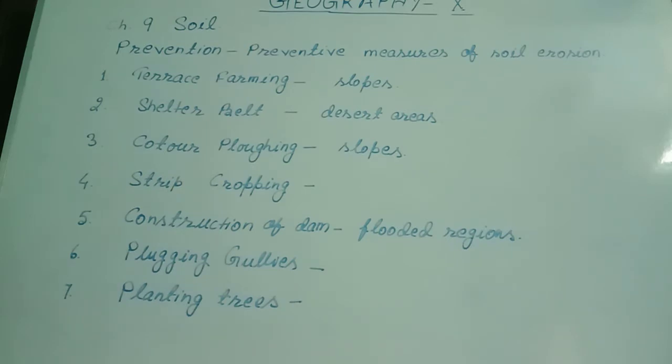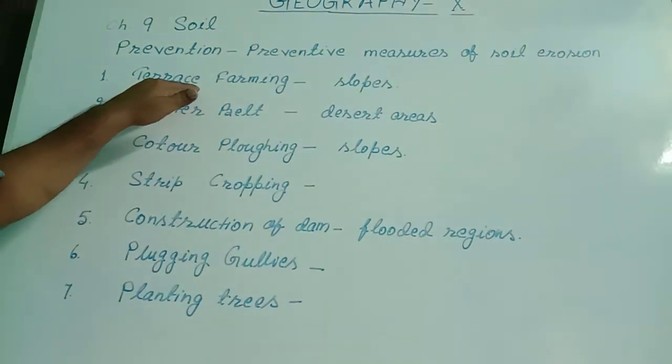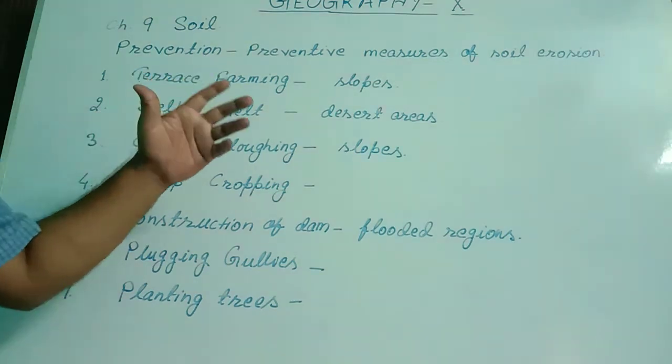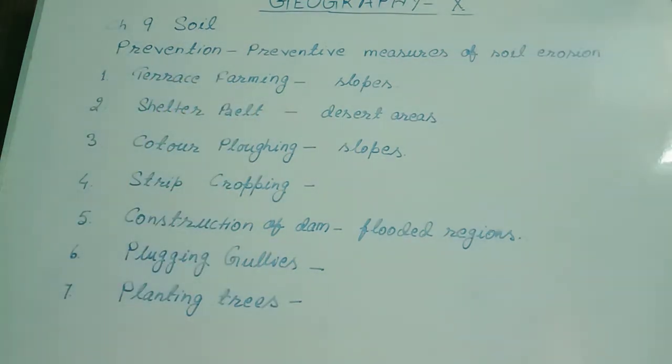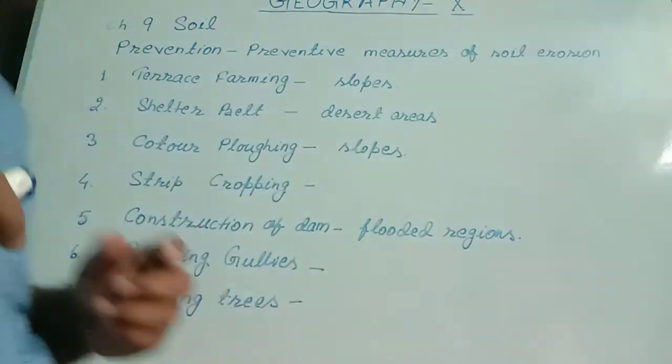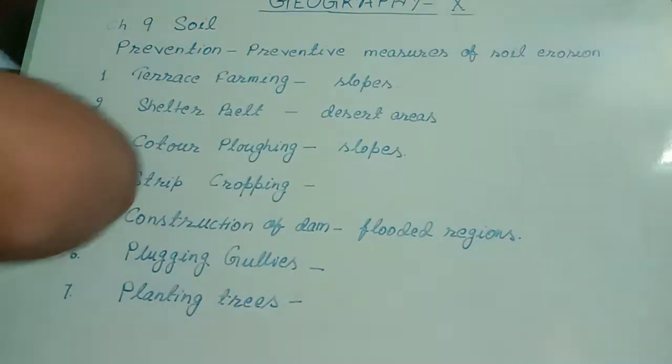This type of farming is practiced on the hilly slope or any other kind of slope. The main thing is the terraces are made on the slope by cutting the soil to reduce the slantation of the soil, through which the soil erosion is checked.